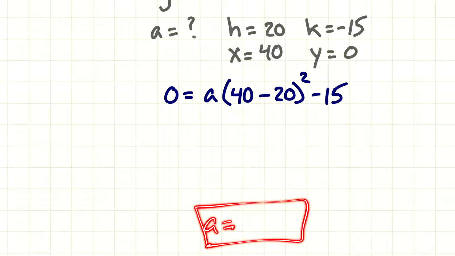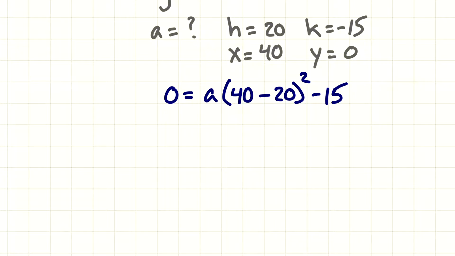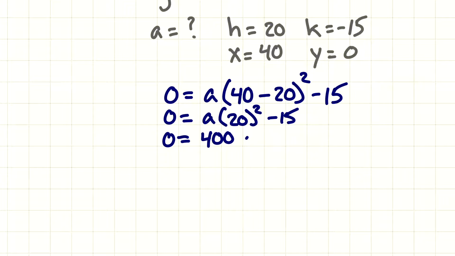All right. If you need more time to work that out, pause this, but I'm going to go over the answer now. This is going to be 0 equals a times 20 squared minus 15. I know 20 squared is 400, so this is 400a minus 15.